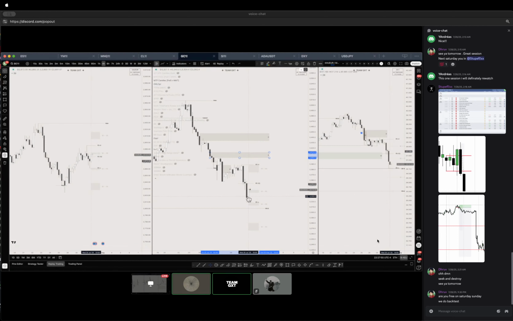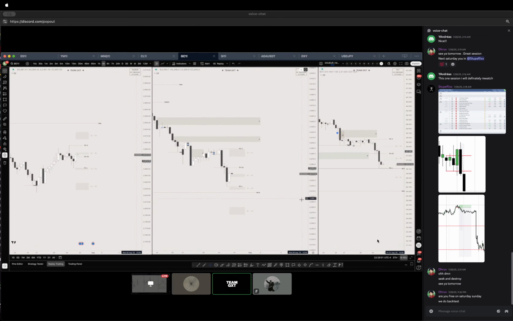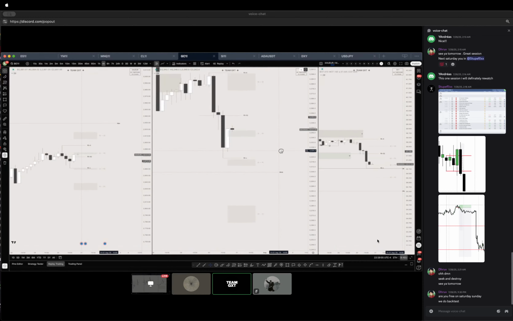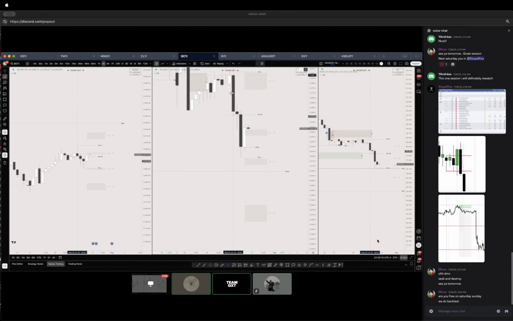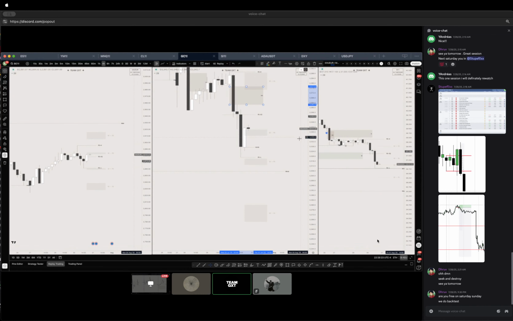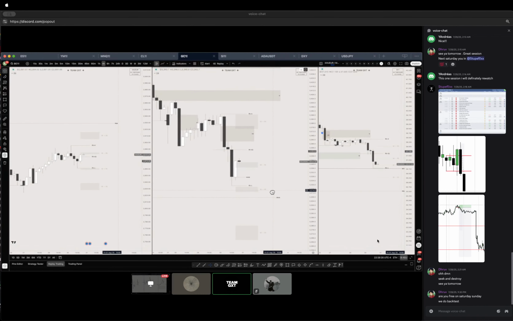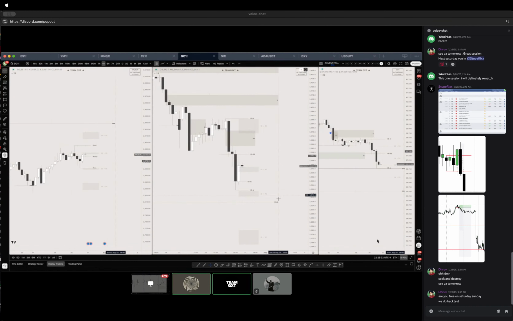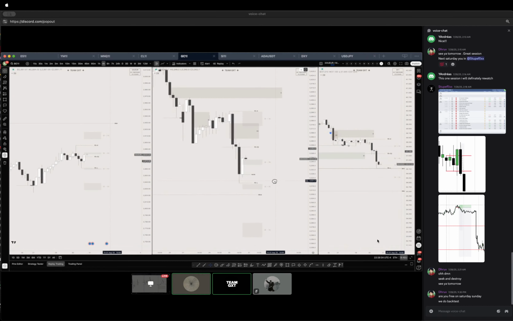Okay, Statmap opening immediately high. Interesting. Okay, we have this nice 4-hour fair value gap up here. Obviously, having an open high is good if we want lower. That's a good way to start the day.